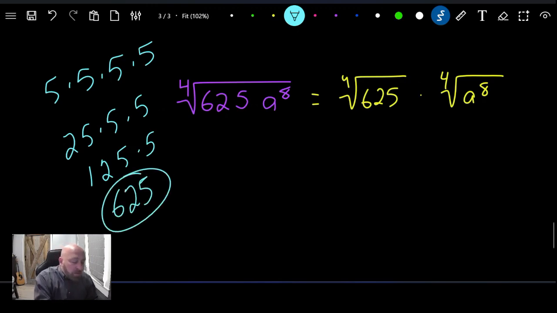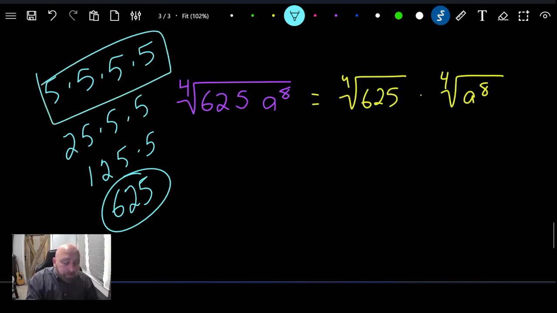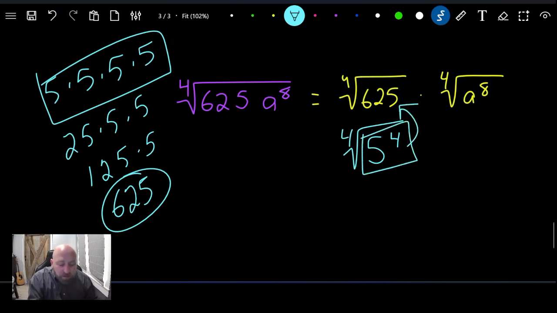So, in other words, if we take 5 to the 4th power and we keep the fourth root, this is equivalent to this. And again, that's where the struggle comes in. Trying to get this number to be matchy-matchy with this number is difficult.